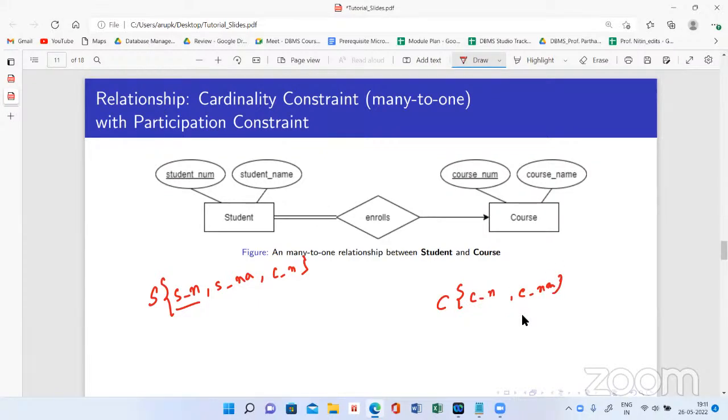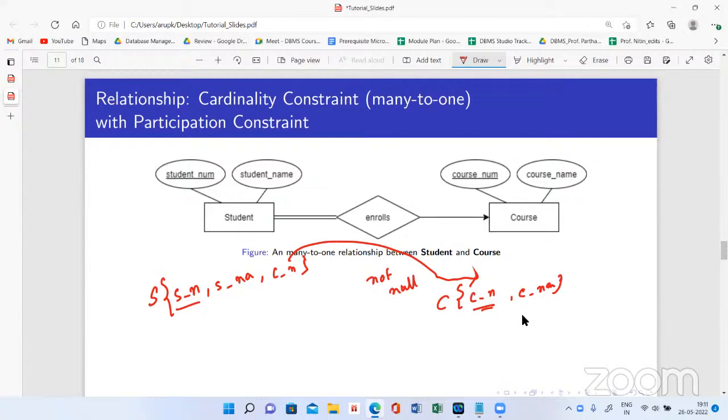Any change from the previous one? Primary key will change. Course name is not null. Course number, which is a foreign key, previously we allowed null, right? Here it is not null, because it is exactly one. So the foreign key should be not null now. You do not allow any student without a course.